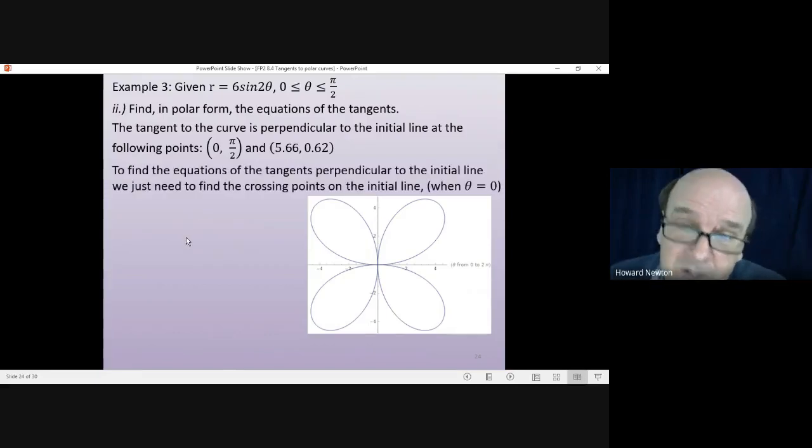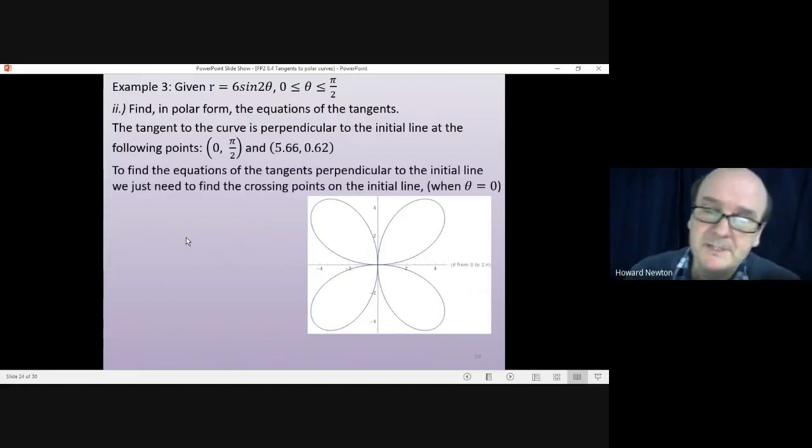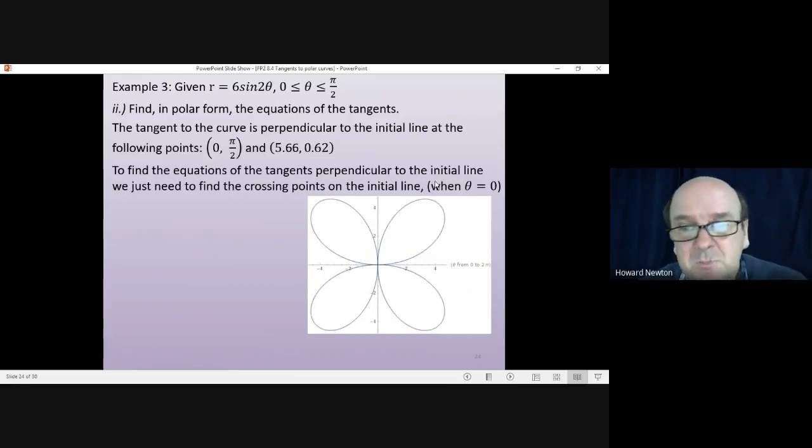To find the equations of the tangents perpendicular to the initial line, because we have vertical lines, in Cartesian form, the lines are very simple equations, x equals 2 or x equals 3, something like that, which means that all we actually need to find are the crossing points on the x-axis on the initial line. And then we will be able to write down the equations of the lines.